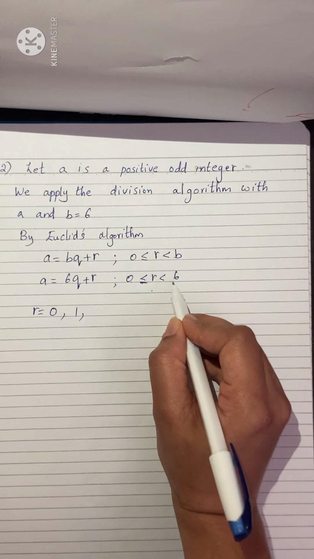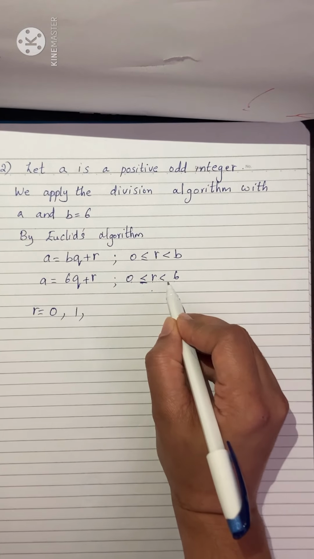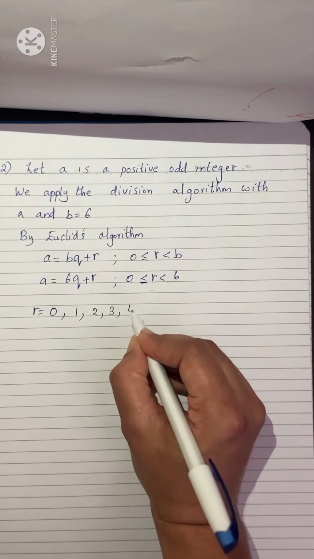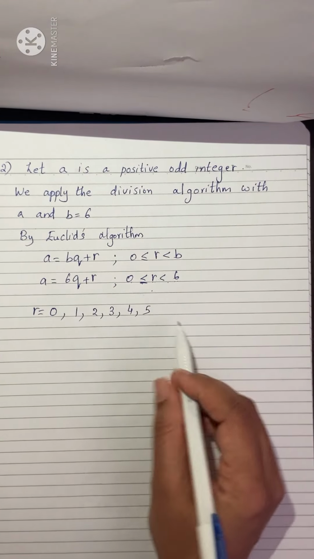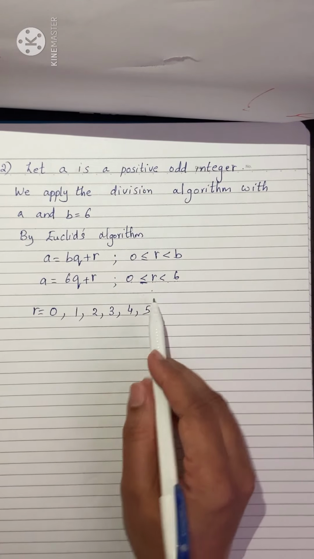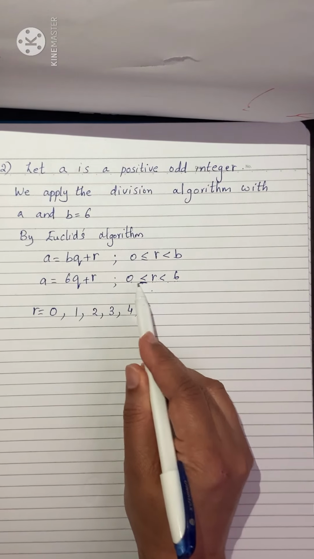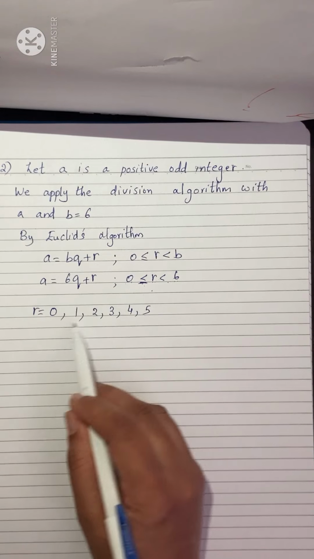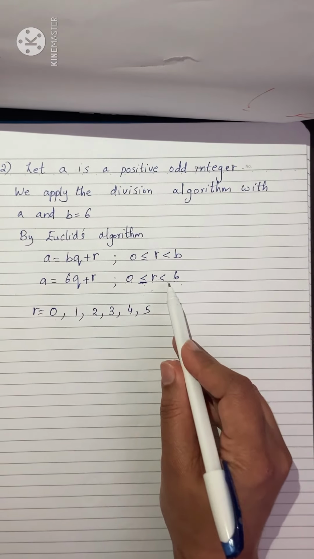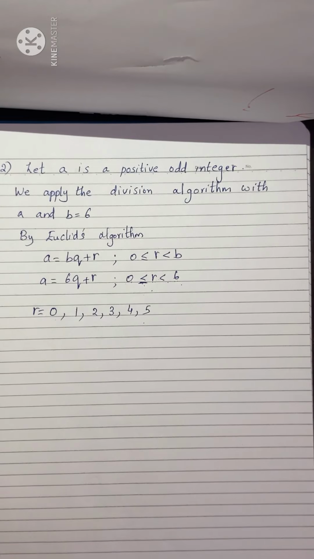We cannot take 6 because r is less than 6. So the possible values of r are 0, 1, 2, 3, 4, 5. So till 5 we can take.